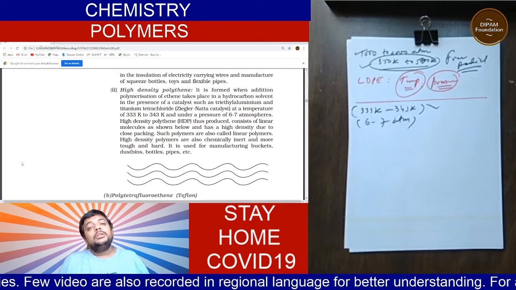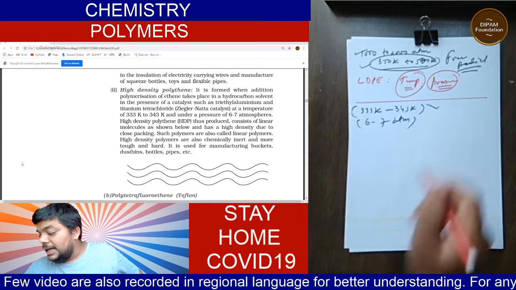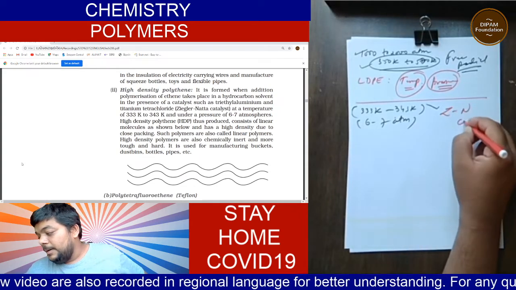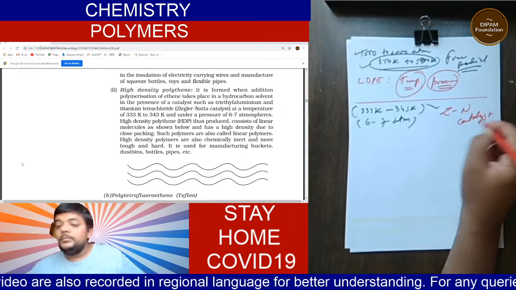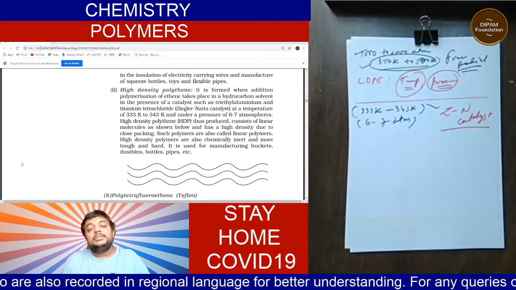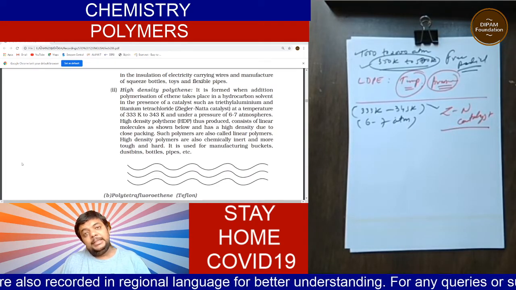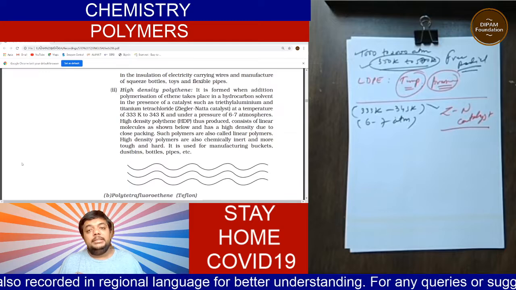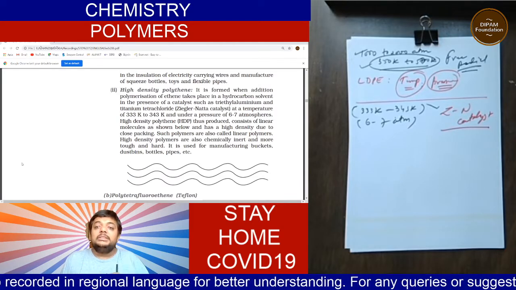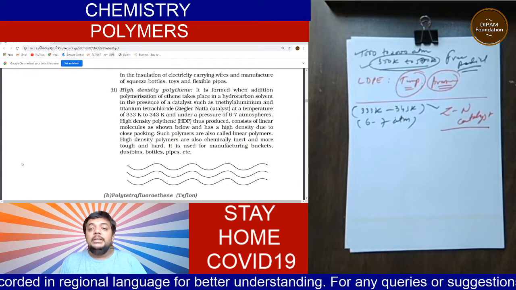When we go towards its possibility, we can see that the Zn catalyst plays a key role. So now comes the question, what is this Zn catalyst? It is the Ziegler-Natta catalyst. Now, what is this Ziegler-Natta catalyst?